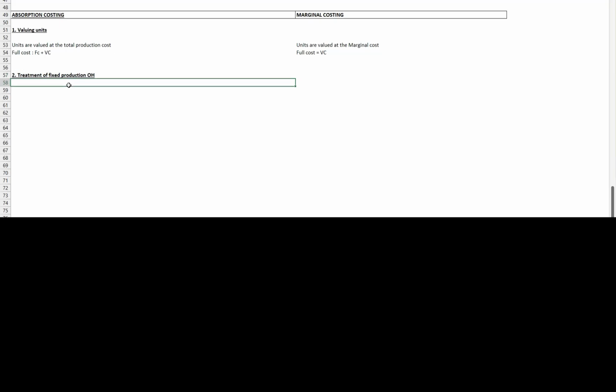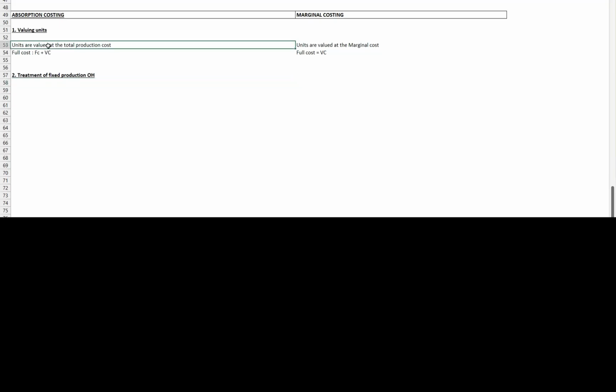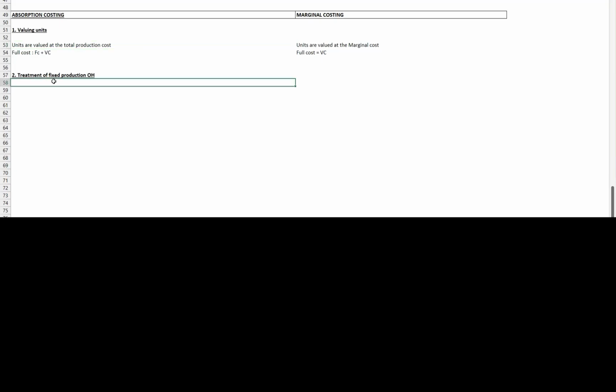So in case of absorption costing, production overheads are treated as the product cost and an amount is assigned to each unit, right? So as I said here, while valuing the unit, we are taking the fixed cost plus variable cost, right? So here fixed production overhead is also considered to be part of the product cost.